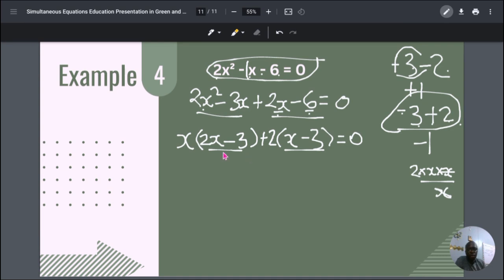So this is not possible at all, because according to what we have here, you see that 2 times x gives me 2x, and 2 times 3 here gives me 6. So I'm right with whatever I did all around, right from here down to this place. You get it? So that means that this question itself is not a quadratic equation.